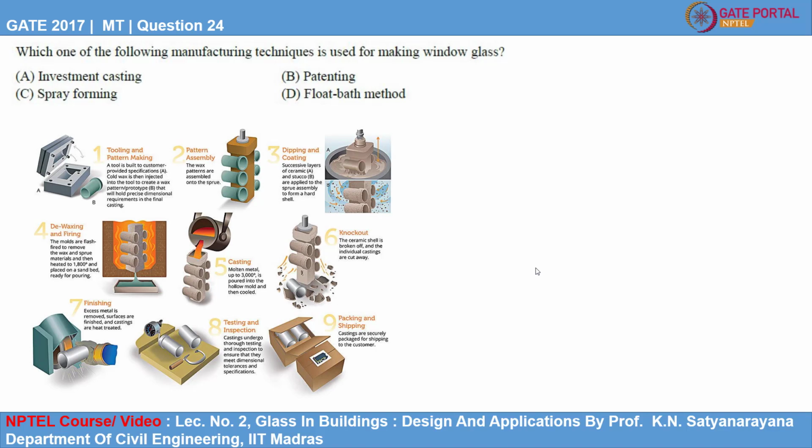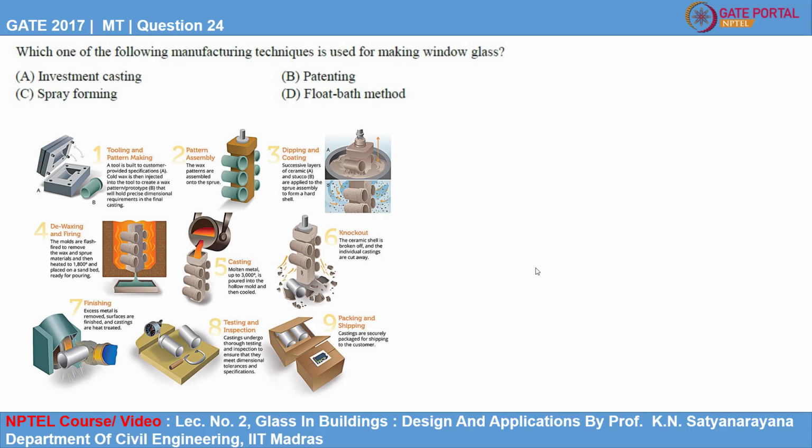Once they are assembled onto the sprue, they are dipped in ceramic slurry, and successive layers are built upon it, which leads to the formation of a hard shell. Later on we need to remove the wax pattern.